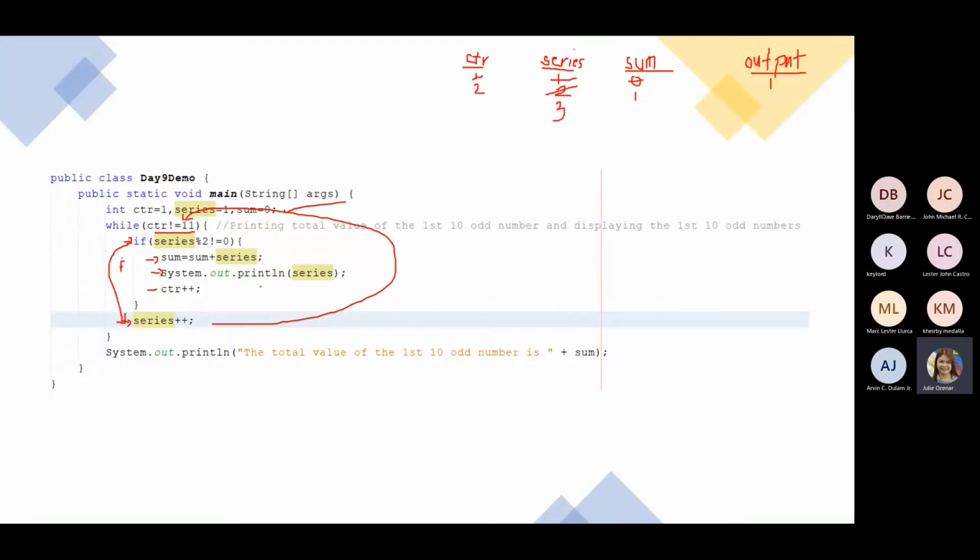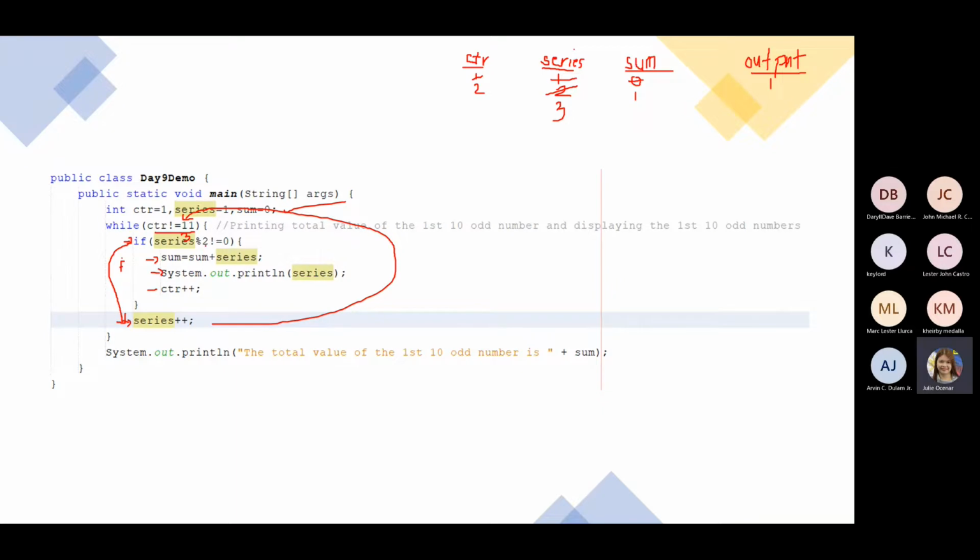Crash out the 2. Go back to the expression, counter not equal to 11, which is counter is 2. Okay, now 2 is not equal to 11, true pa rin. If series, which is 3, 3 modulo 2 is 1, 1 is not equal to 0.